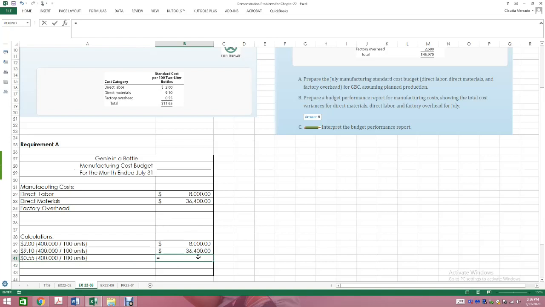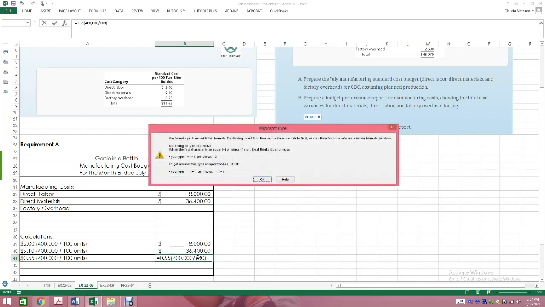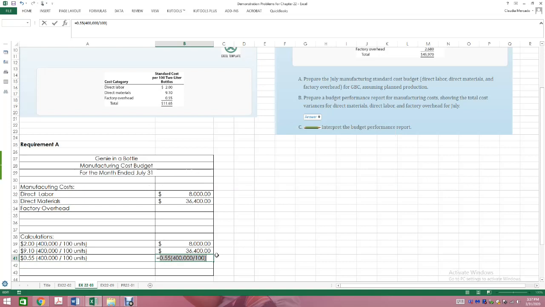That's going to give me $2,200. There we go. So my factory overhead is $2,200. These are the formulas that we're using down here.